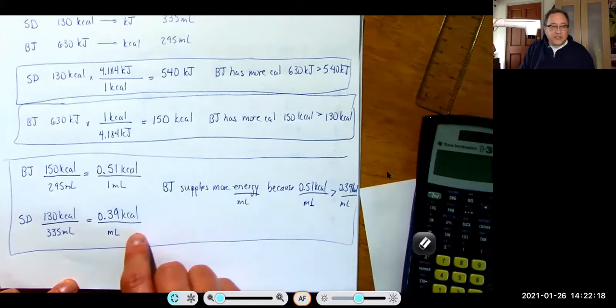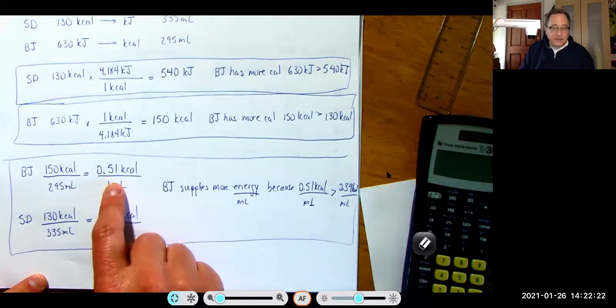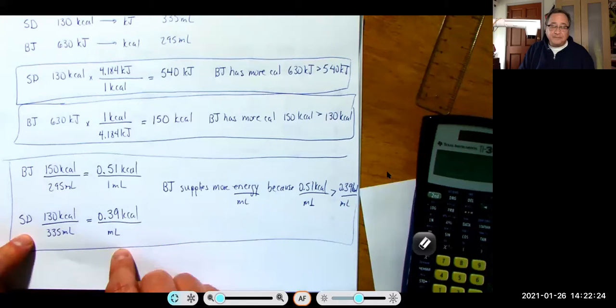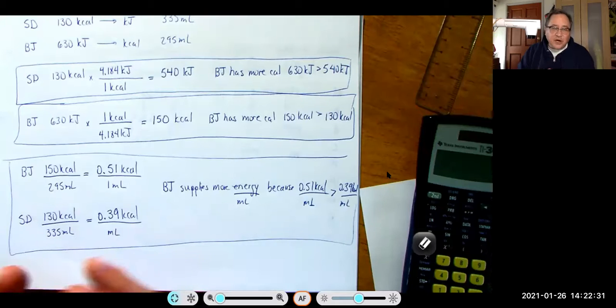So if we look at these results, can you see that you get more calories per milliliter of juice than you do for soda? Could I make the scientific claim that soda is better for you because it has fewer calories per milliliter? A scientific claim. Yes or no?